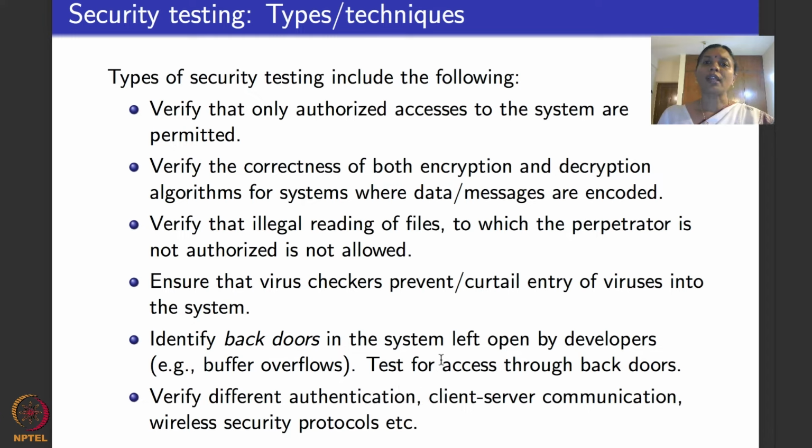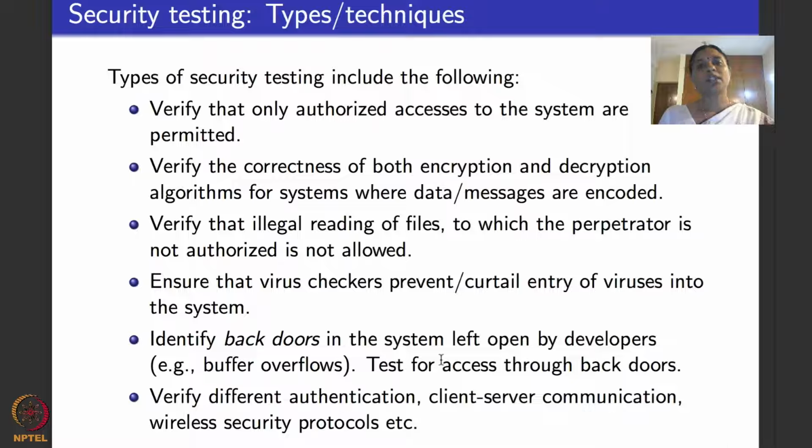So the various types of security testing will test for the following. It will verify that only authorized accesses to the system are permitted. It will also verify that the encryption and decryption algorithms used for encoding data or messages work correctly. It also verifies that illegal reading of files to which a particular user is not authorized is actually not allowed.